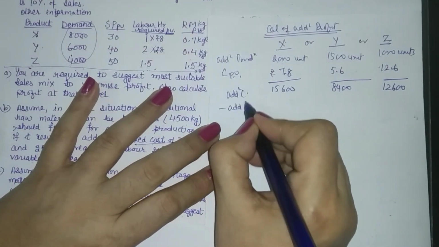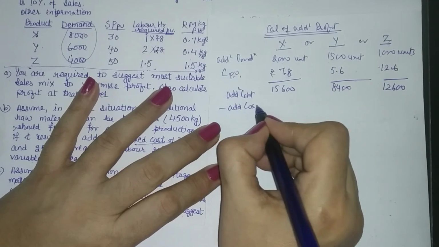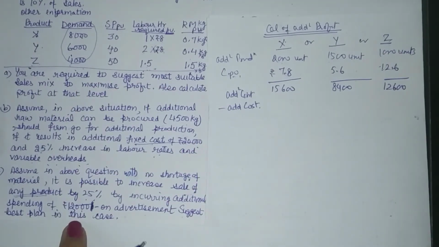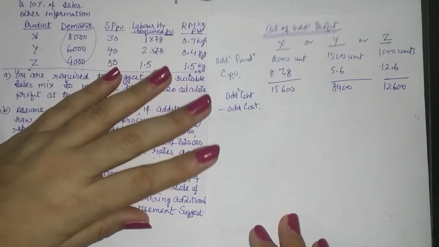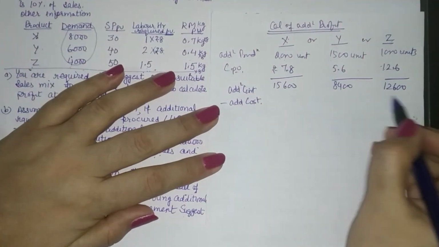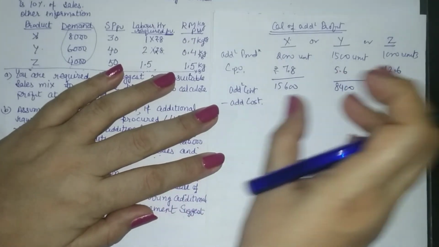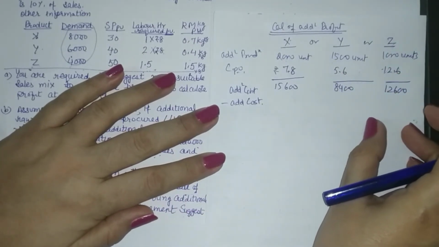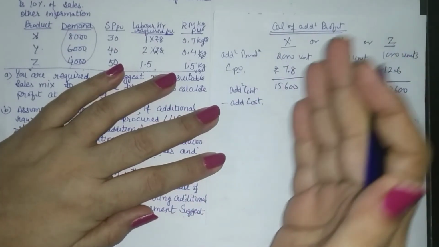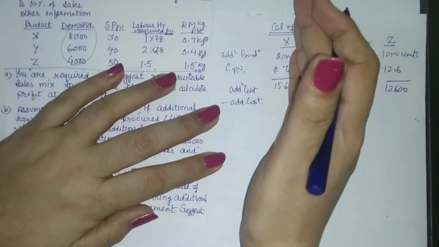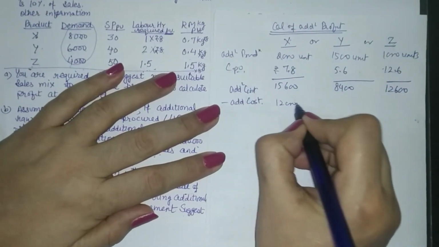Now additional cost is going to be 12,000. Okay, so should we spread it on all? Because you have 3 product lines. So 12,000 cost means 4,000, 4,000, 4,000. No, because it is not all. If you go for production of X, it will have to bear the total cost.